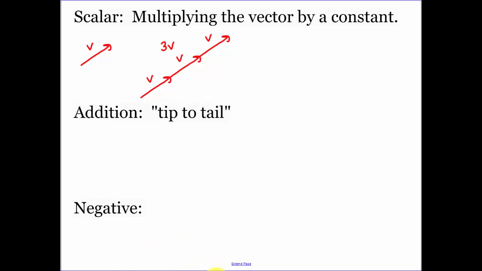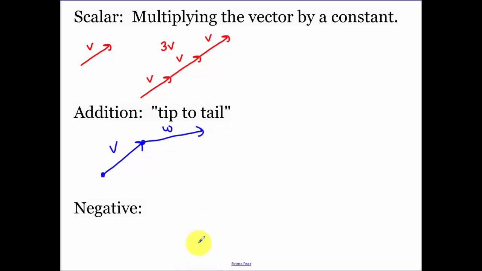Addition of vectors. Okay, look at this like legs of an airplane flight. So you have vector v that takes you one direction. Then you have to switch planes, and you have vector w, which takes you a different direction. And we call this tip to tail because you start with the tail, the tip of the vector, and then you match up the tail of the last one to the tip of the one before.